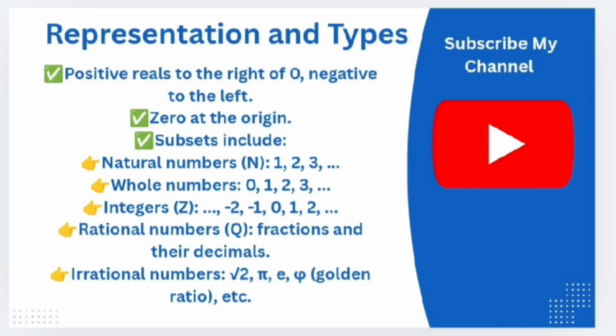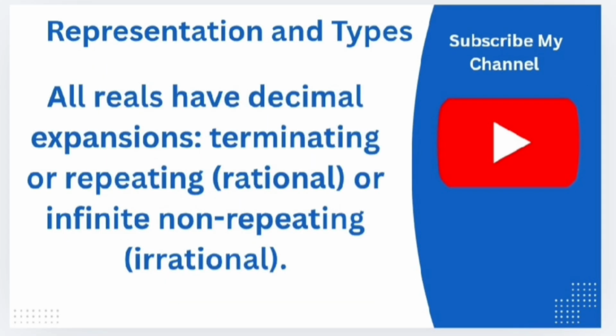Integers negative 2, negative 1, 0, 1, 2, which continue in both directions. Rational numbers, fractions and their decimals. Irrational numbers: square root of 2, pi, e, or the golden ratio, etc. All reals have decimal expansions, terminating or repeating for rational, or infinite non-repeating for irrational.